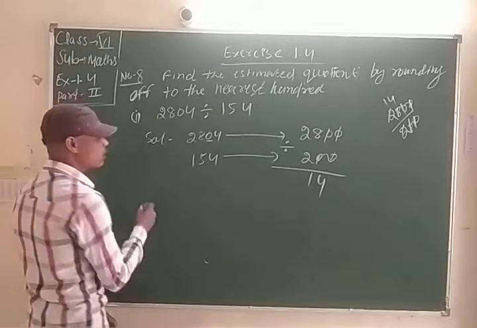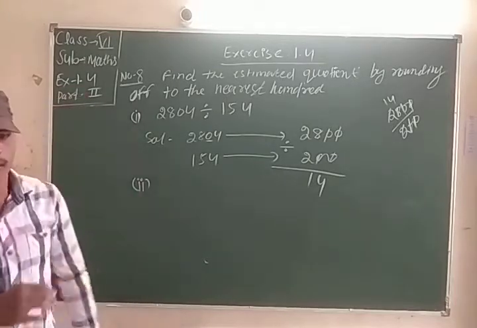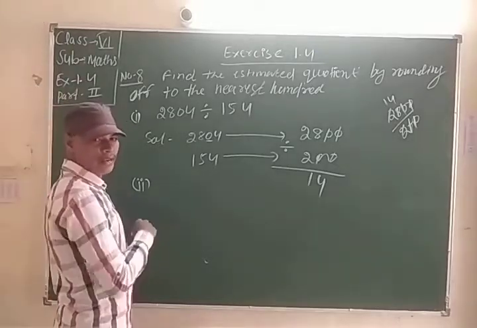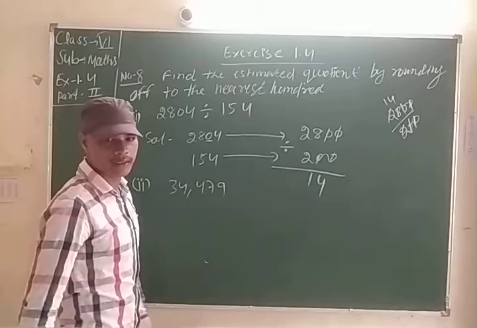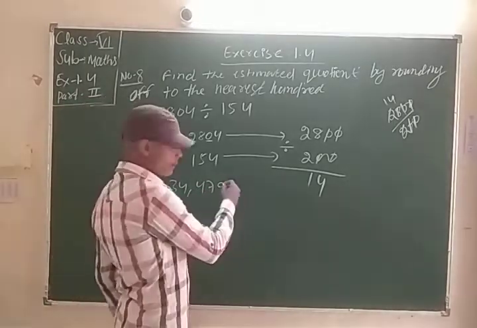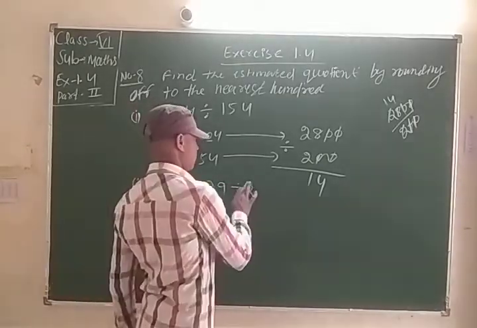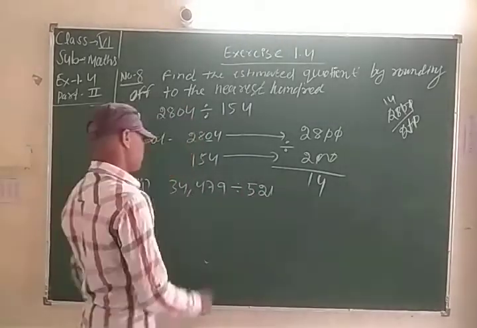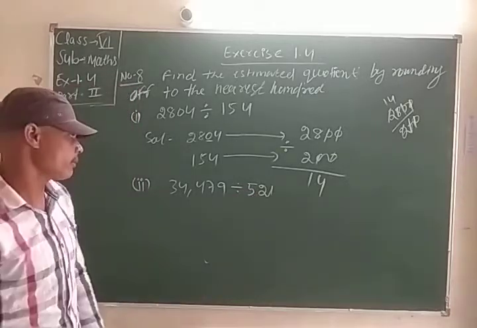Okay, now we will do the second one. What is the second sum? 35,479 divided by 521.